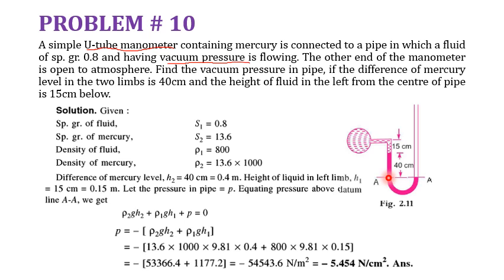For mercury you must remember the density, it is 13,600 kg per meter cube and its height is 0.4 meters over here. They have simply rearranged the expression, taken these terms to the right hand side and solved it, and you'll get your answer in Newton per meter square.